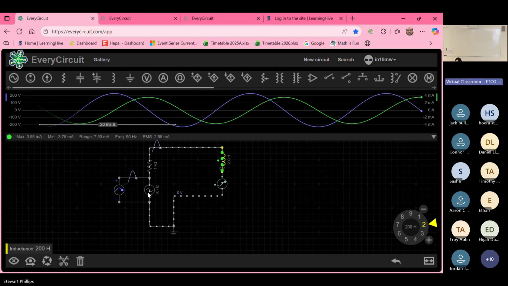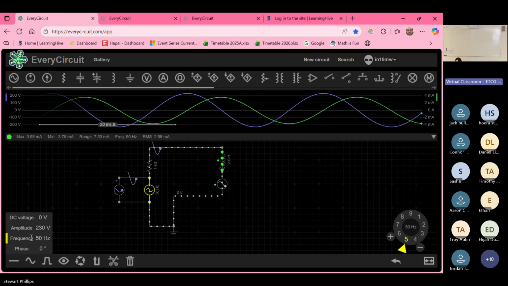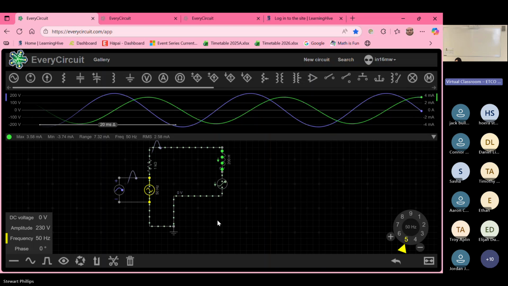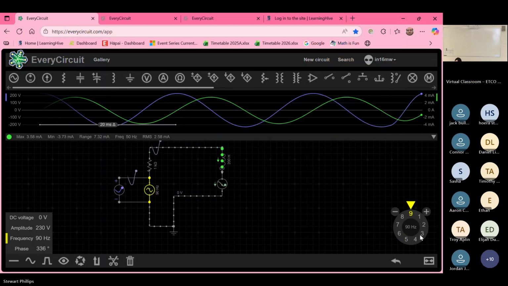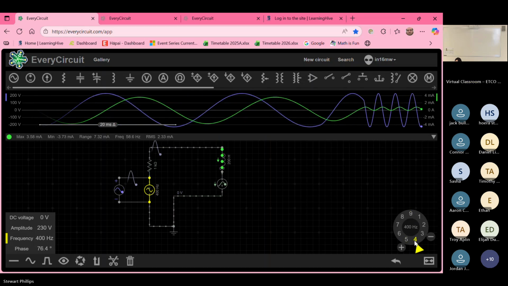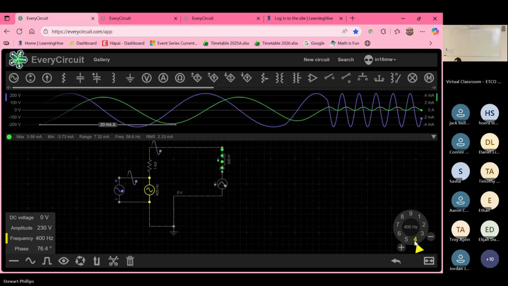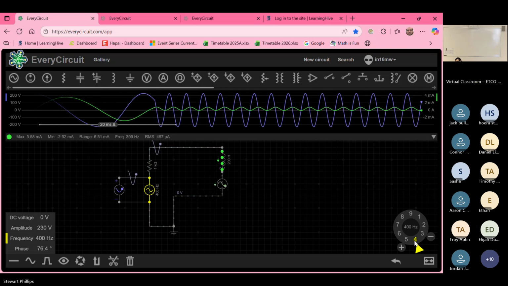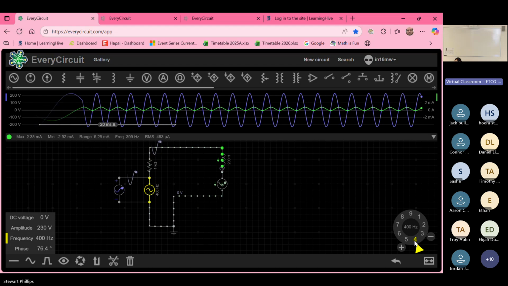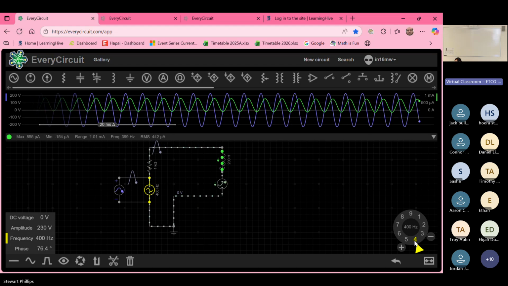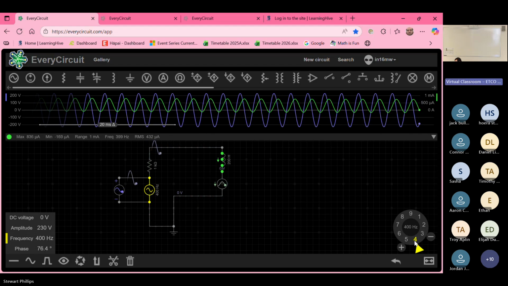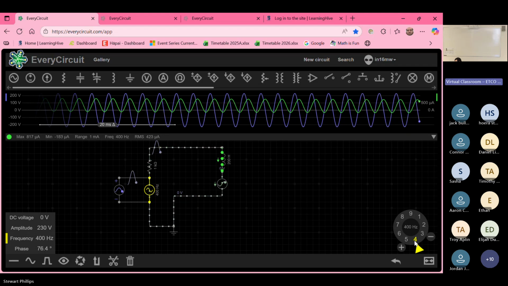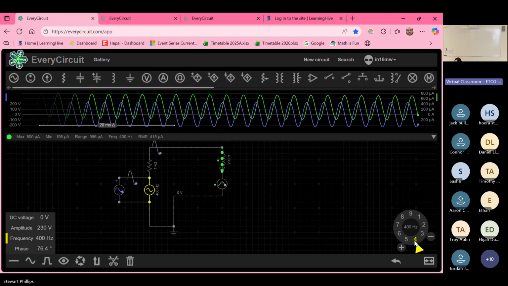But what I can also do is I can change the frequency of the supply. So you can see there we're at 400 hertz now. How little change in current flow there is, how small the current change is. But look at how quickly it's moving. So I've reduced the current.